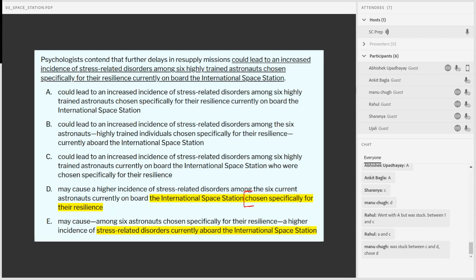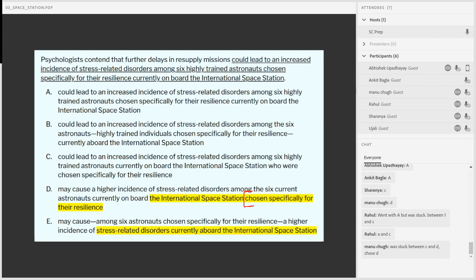This is very close to the International Space Station in option D. Now, is this an absolute error? No, this is a clarity issue. What we would say is this is ambiguous. It sounds as if it's saying that the International Space Station was chosen for the resilience. So that's one issue that we can spot. That's option D.